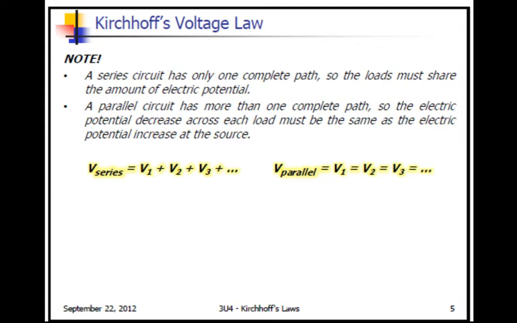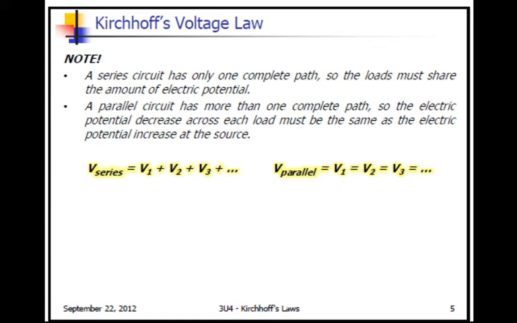But when we have something connected in parallel, we have different loops, and each loop is a complete circuit. So the voltage in each loop has to be equal to the voltage of the battery that the parallel circuit is connected to.